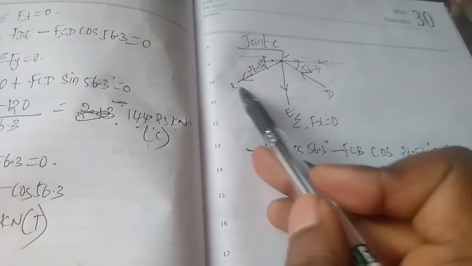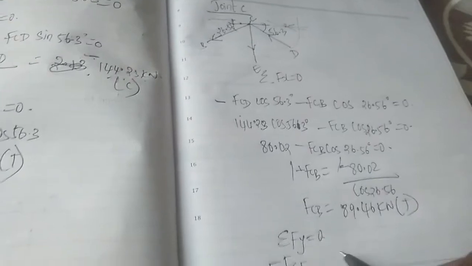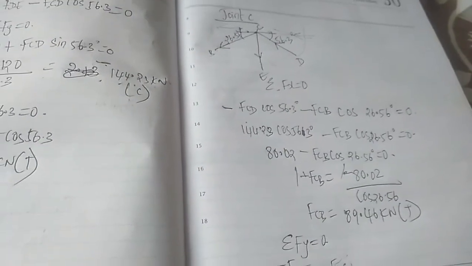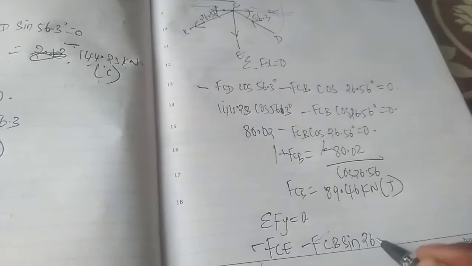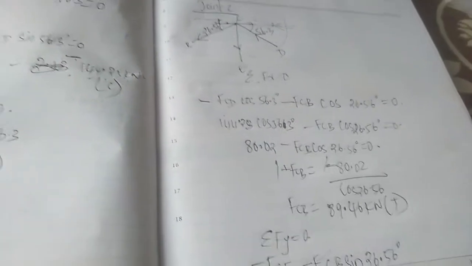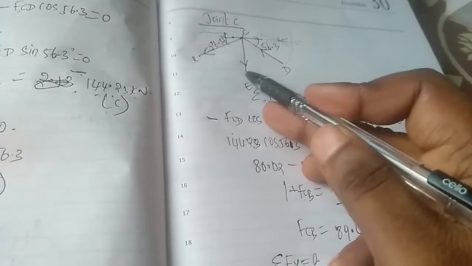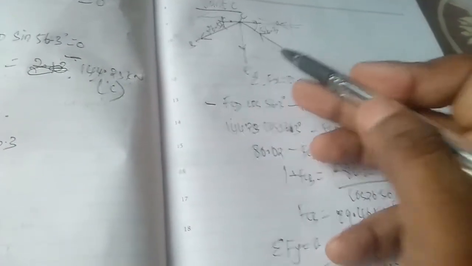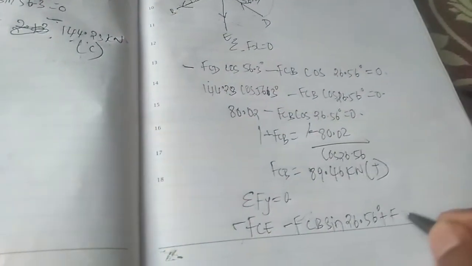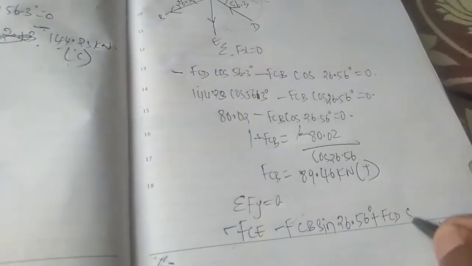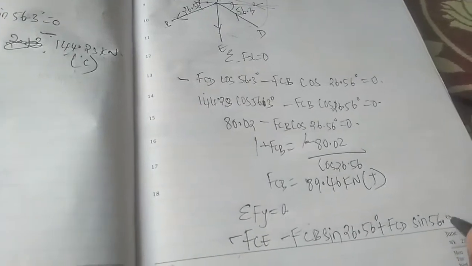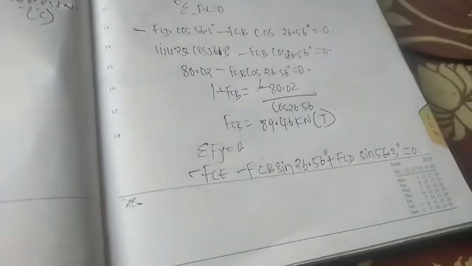Then this is also coming in downward direction, so minus FCB sine, because it is vertical, sine 26.56 degree. Then this is in upward direction. If you bring this to vertical, this is upward direction, that is plus FCD sine 56.3 degree is equal to 0.